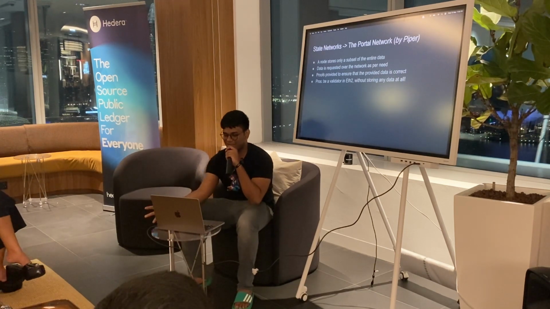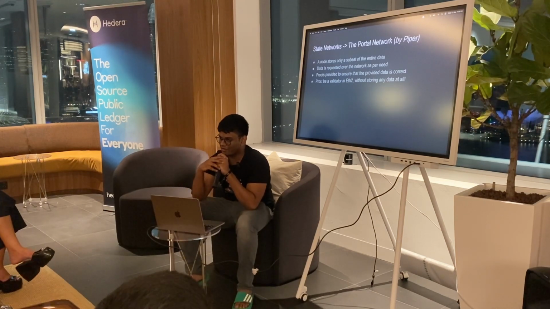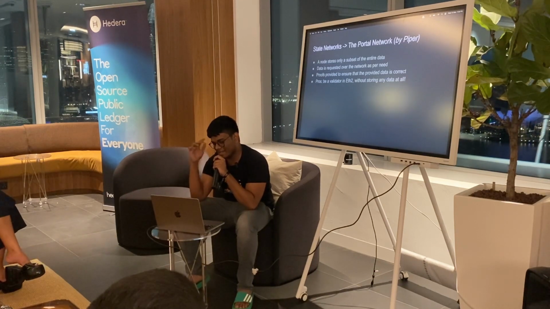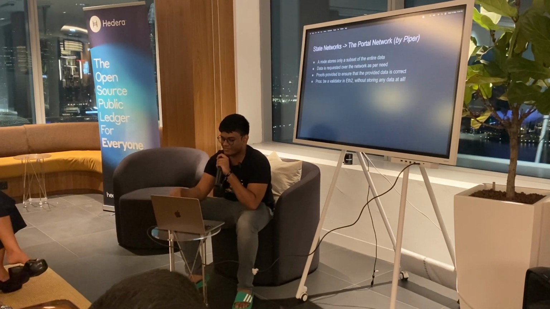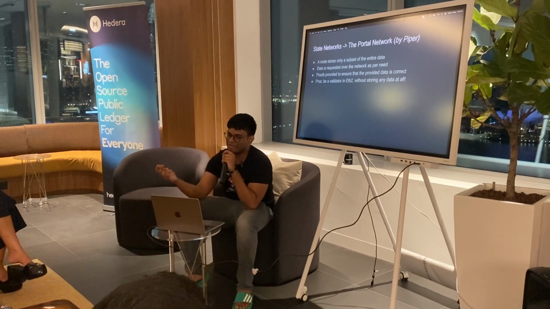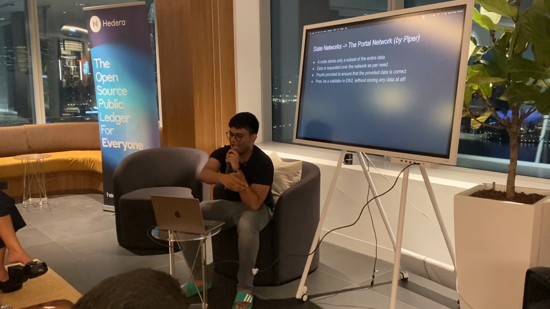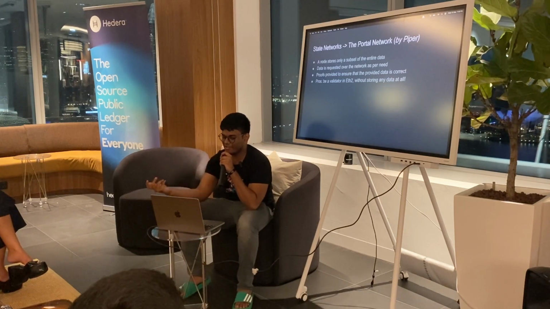State networks, this is again a completely new approach by Piper. Piper used to be one of the former program managers for EPF. It states that a node stores only a subset of the entire data. Data is requested over the network as per need. So maybe someone would be a data storage operator with just a subset of the entire data. If I need something, I would basically ask, hey, can you do this?